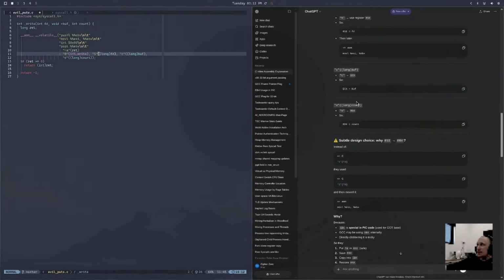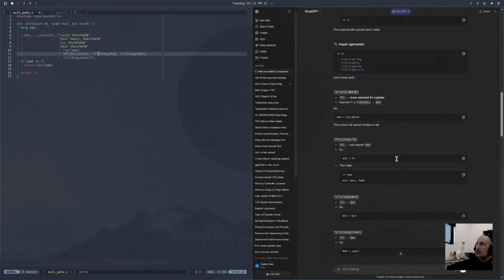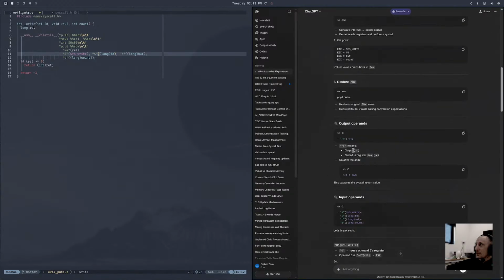Yeah, and then the equal sign, what does the equal sign mean again? I know A, I don't quite know what A is, to be honest. Equal means output, but we already know that that's the output. Maybe I can reorder these and put the output down below. Stored in register EAX. Okay, that makes sense.